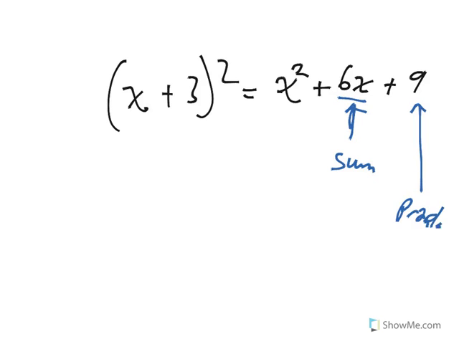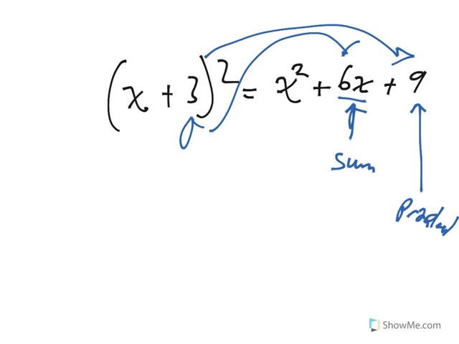Now again, you don't have to know that, but you can just see x plus 3 squared. You know that 3 plus 3 is 6. 3 times 3 is 9. I'll give you one more example because this is a little tricky for you. Let's say x plus 5 squared.